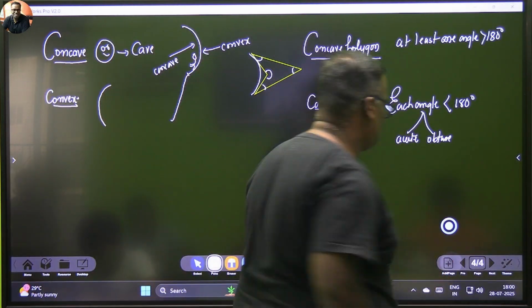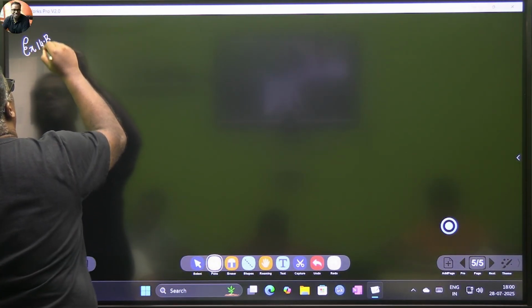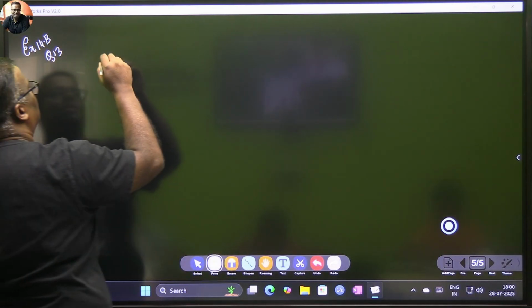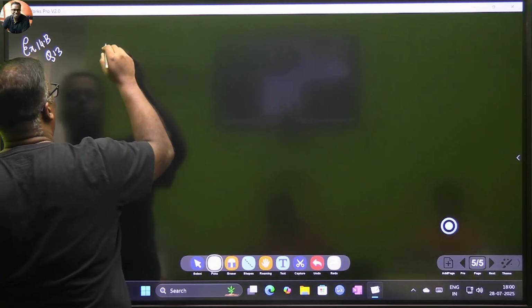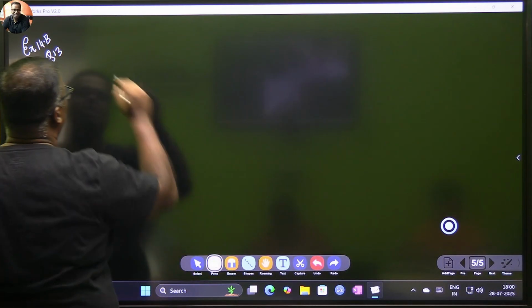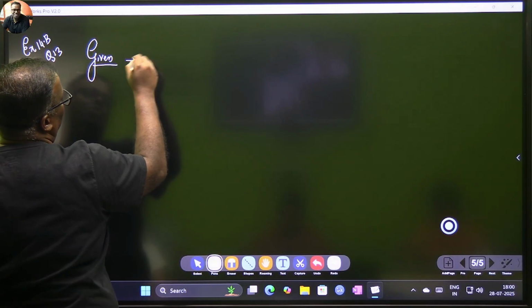I'm on exercise 14B, and I'm on question number 13. Can anyone narrate that question for me? The sum of all interior angles of a regular polygon is... Hold on. So what am I given? First thing I am given is a regular polygon.